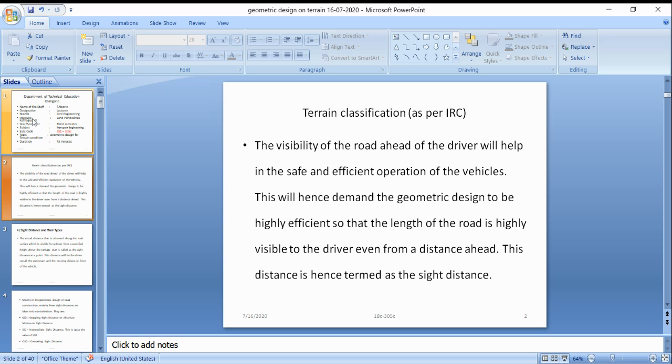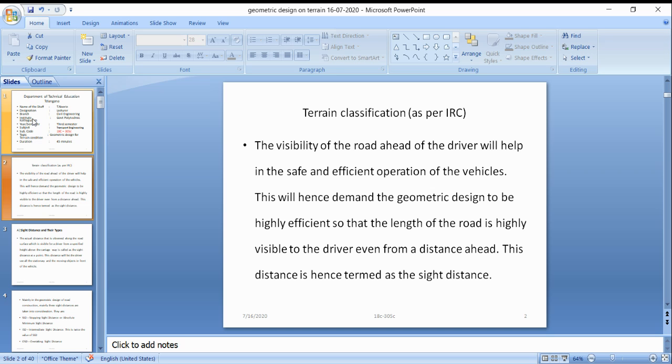So a person who is driving, if he is able to see from ahead, from a point 5 meters or 1 meter approximately, then he can think about, okay, this is the vehicle in front of me, so I have to go by a side, I have to take a brake, I have to take a turn.